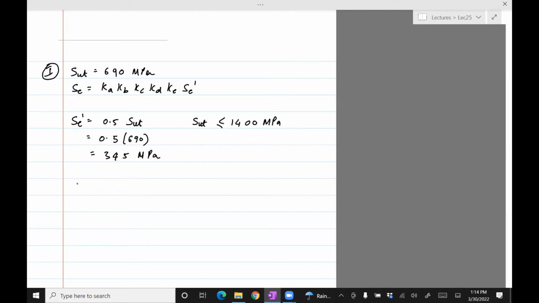Okay, so now we need to dig through those tables to compute Ka through Ke. Ka, remember, is a constant which depends on the type of finishing.